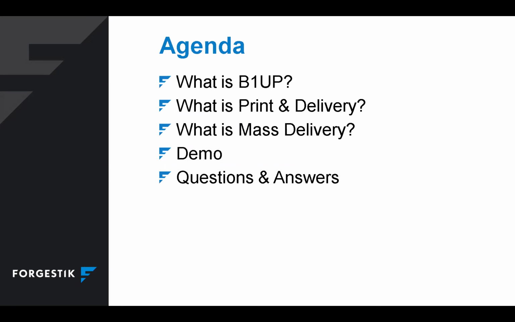Today, specifically, I'm going to show you just a little bit about print and delivery and the customization aspects of it. And then I'll show you what the mass delivery part of it does. It's not super visually appealing, let's say. So I'll talk more about what it's going to do, and I'll show you the output that the user would see.